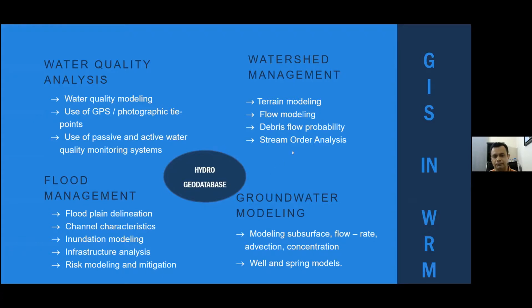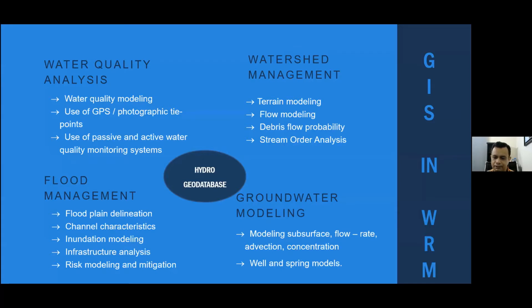And then we can think about groundwater modeling. So in groundwater modeling, if we have the borehole data, or we have the subsurface water conditions data, we can make some 3D analysis in this GIS platform, and then we can identify the flow rate, advections, and concentrations of the water body underneath the surface.